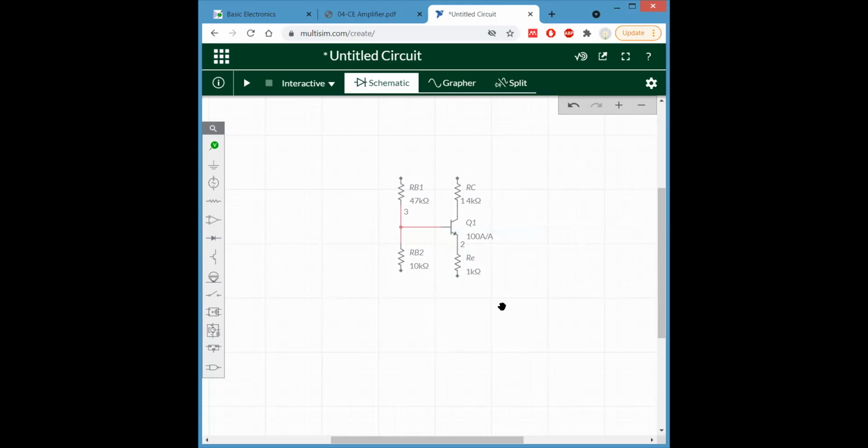Okay, no issue. Then let's join them. We are going to apply the same voltage, same source. Instead of connecting two different sources, in this case we will give a single source. So through a single source we are going to, so let's add a ground.